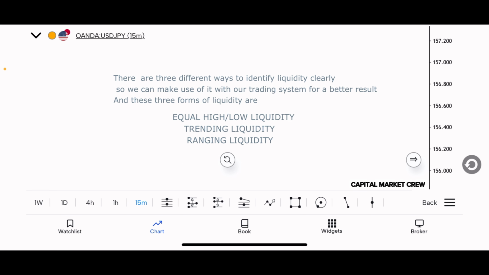There are three different ways to identify liquidity clearly, so we can use them with our trading system for a better result. And these three forms of liquidity are equal low and equal high liquidity, trending liquidity, and the ranging one.